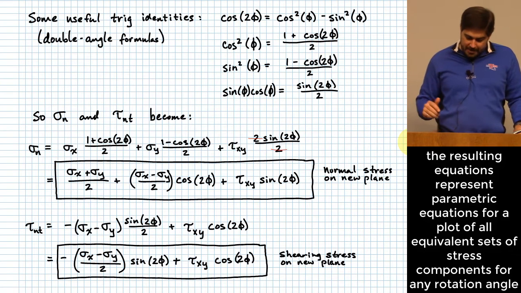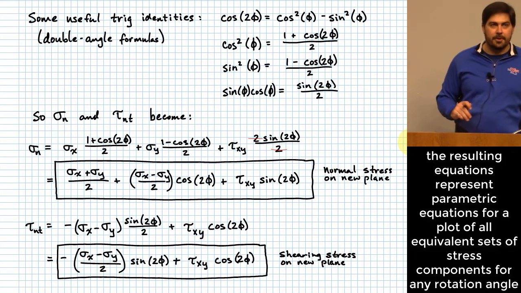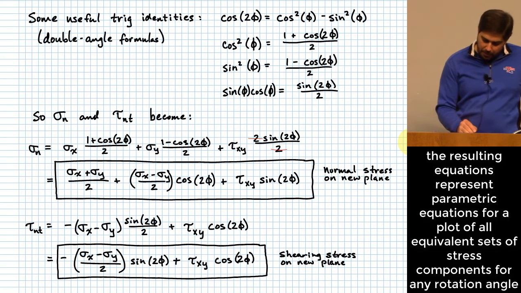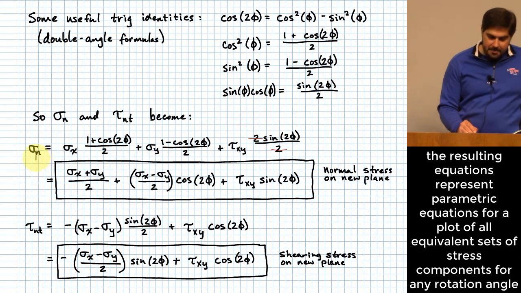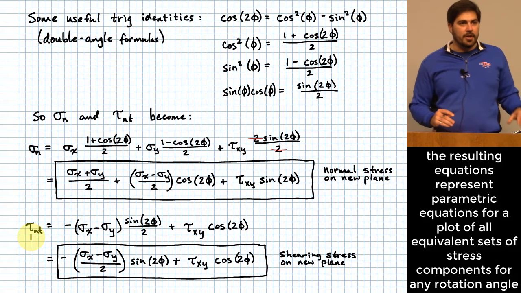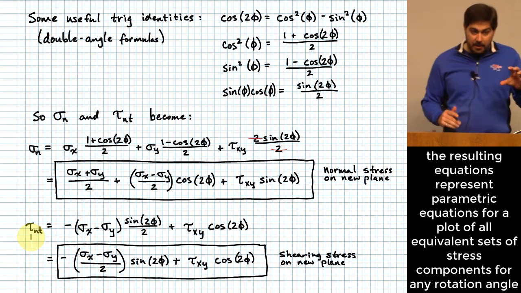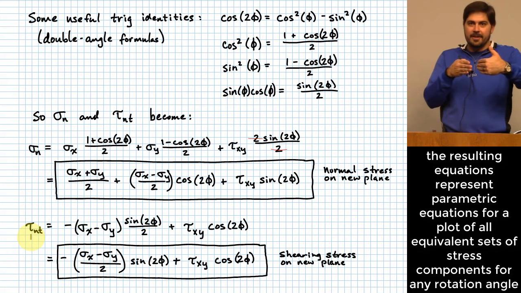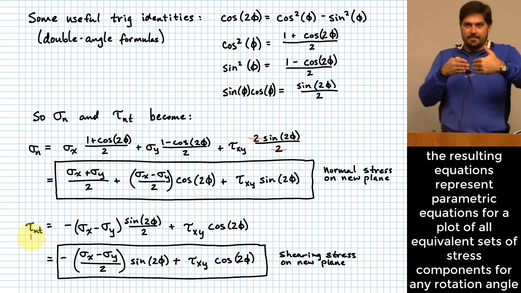All right, well, look at this expression through that lens. Okay? What if we're going to plot normal stress, sigma n, and shearing stress, tau sub nt, and we're going to do that where phi, which is the angle that we're going to have rotated our coordinate system through, is the parameter. All right?